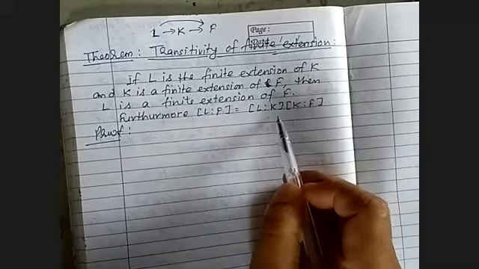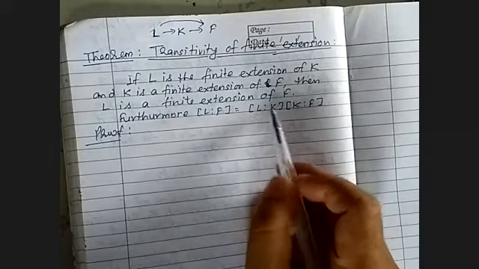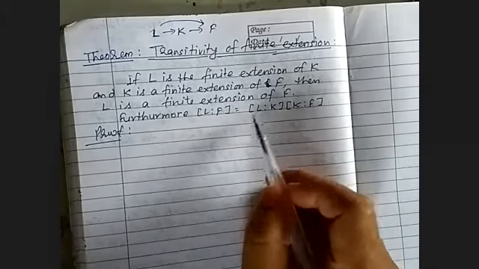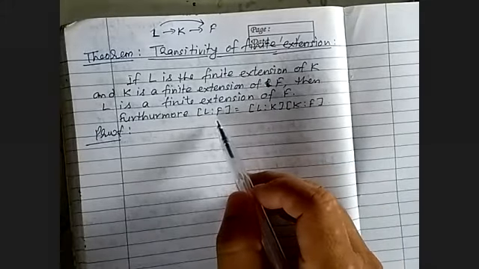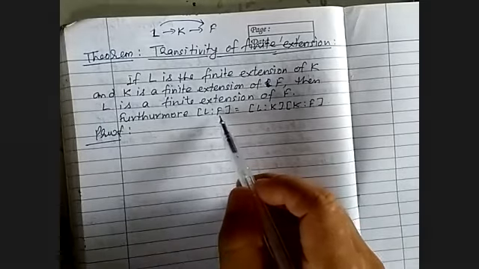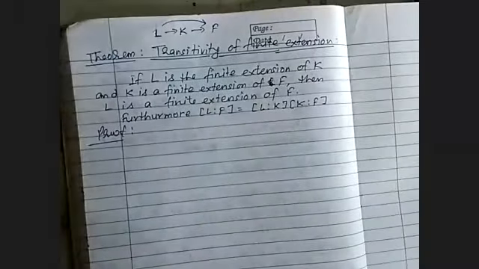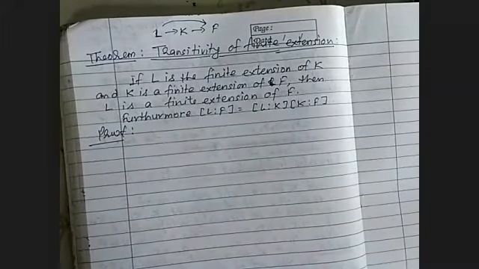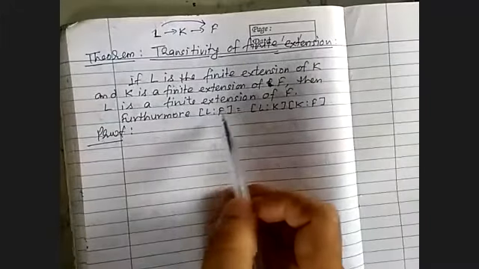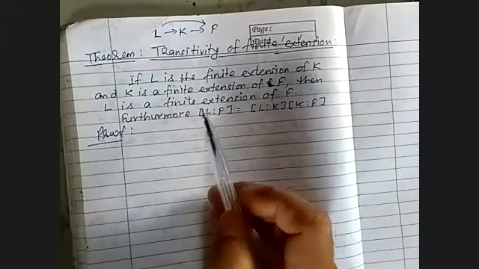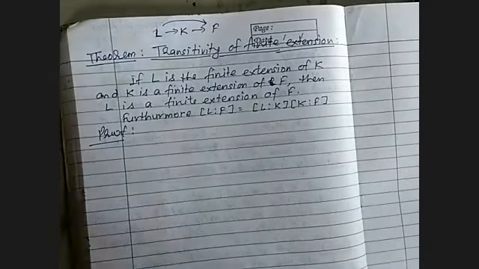So this represents the number of basis elements in this extension, that is called degree of finite extension. So I will show you this.